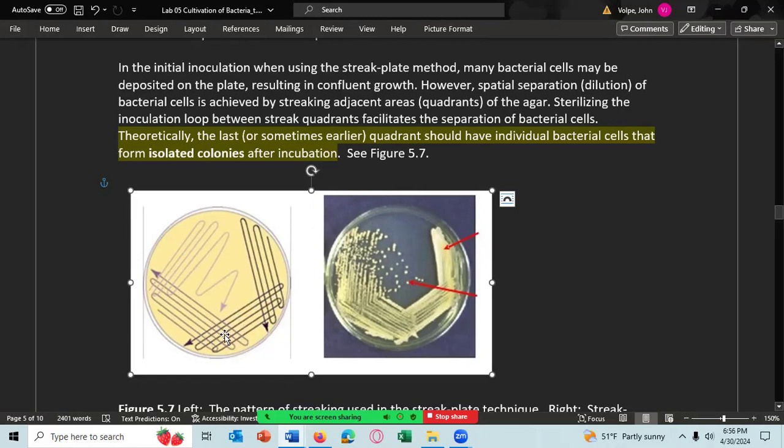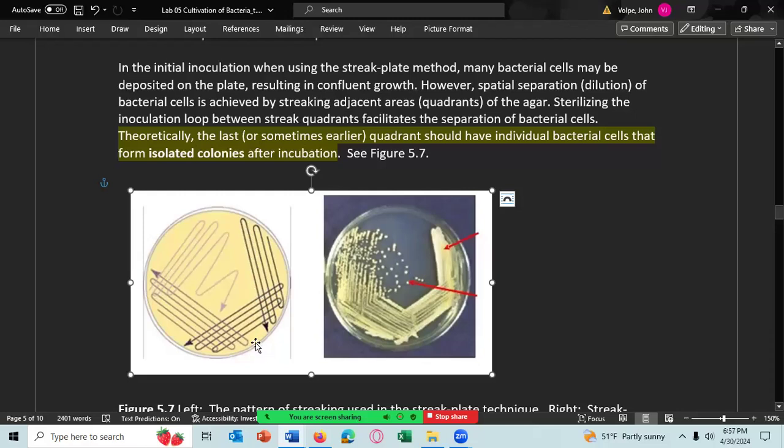And something that isn't quite shown right here is when you streak out quadrant 1, the highest concentration of the cells will be right here. And as you streak in quadrant 1, you'll have fewer cells. So your fewest cells will be here.